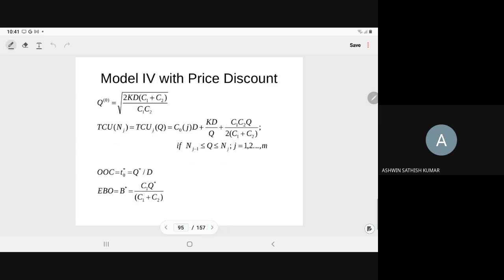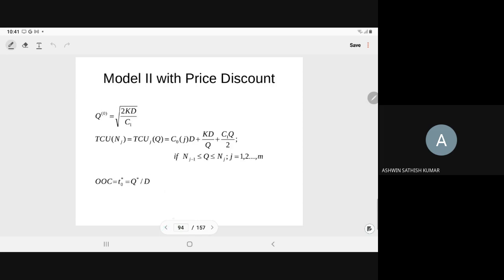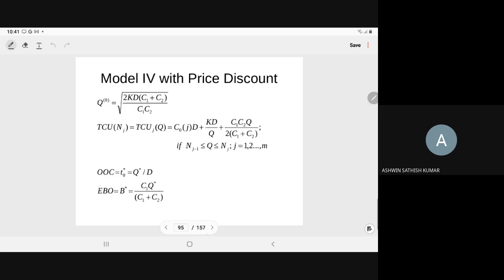Similarly, for model 2, Q naught is root of 2KD upon C1, no back order and delivery is infinite. And for model 4, Q naught is the root of 2KD into C1 plus C2 upon C1 C2.